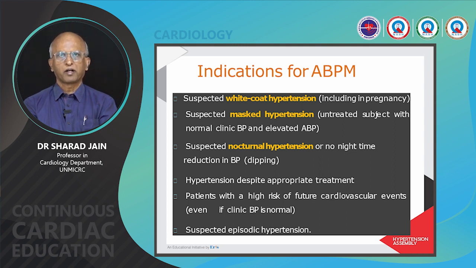Suspected nocturnal hypertension or nighttime reduction in BP, that is dipping; hypertension despite appropriate treatment; and patients at high risk for future cardiovascular events, such as patients with diabetes or CKD, even if the clinic blood pressure is normal; suspected episodic hypertension.